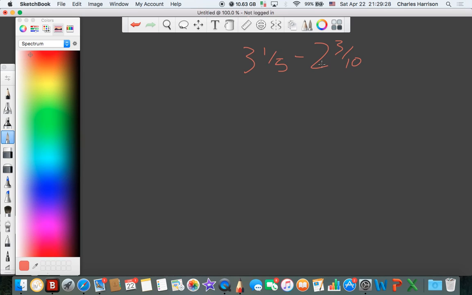So 3 minus 2 is 1, and then we have a 1/5, and we're subtracting 3/10 from that. We can't do that without a common denominator, so we times both top and bottom by 2, and now that's 2/10, and we're subtracting 3/10 from this. And that's going to give us a negative 1/10.